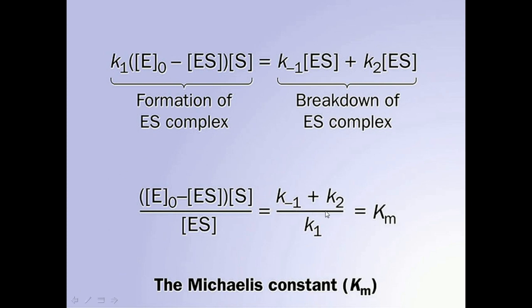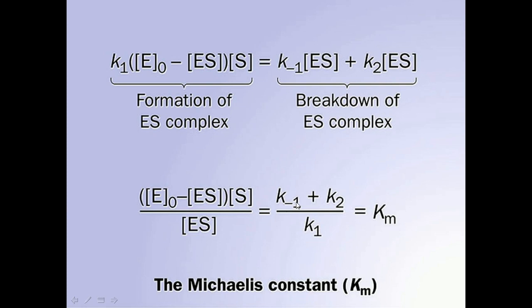The breakdown of enzyme substrate complex into product and free enzyme is represented by K2, the dissociation of enzyme substrate complex back into substrate and free enzyme is represented by K minus 1, and the formation of enzyme substrate complex by enzyme and substrate is represented by K1.